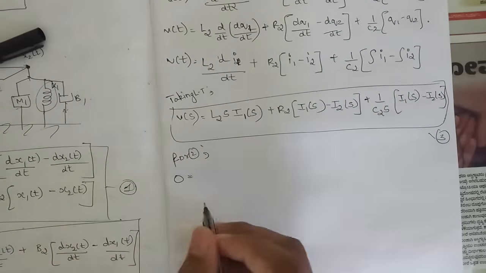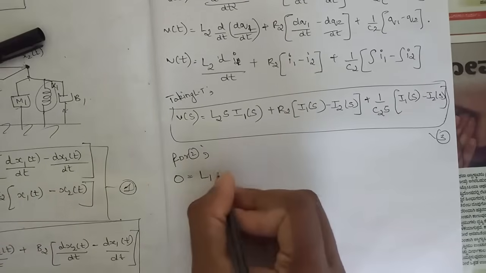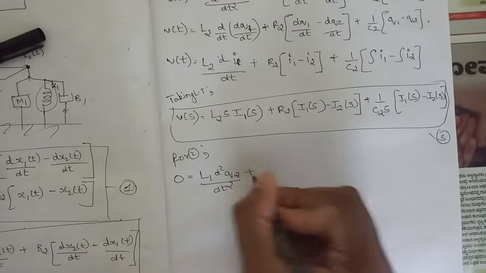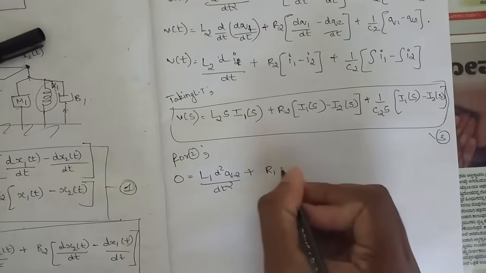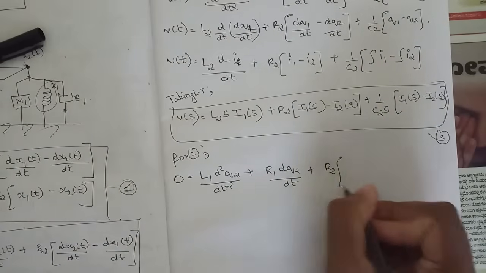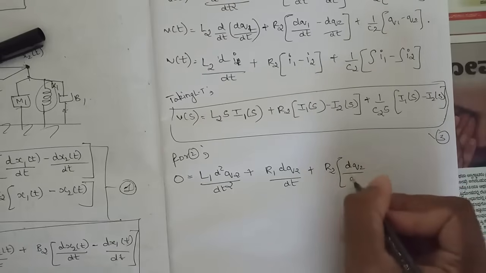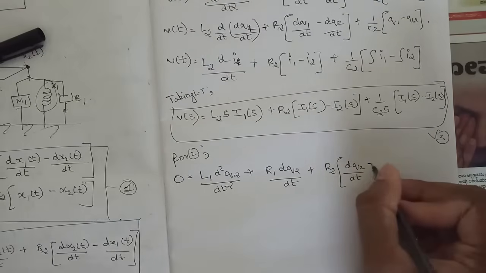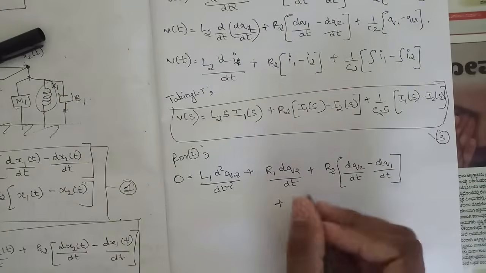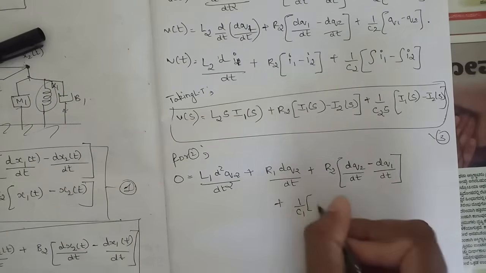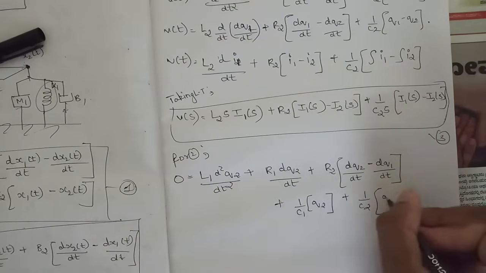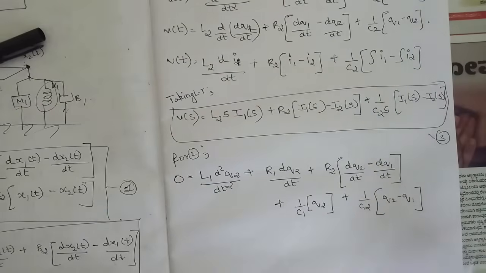So M1 is replaced by L1 here, d square q2 by dt square plus b1 is replaced by r1 dq2 by dt plus b2 is replaced by r2 dq2 by dt minus dq1 by dt plus k1 is replaced by 1 by c1 into q2 plus k2 is replaced by 1 by c2 q2 minus q1.